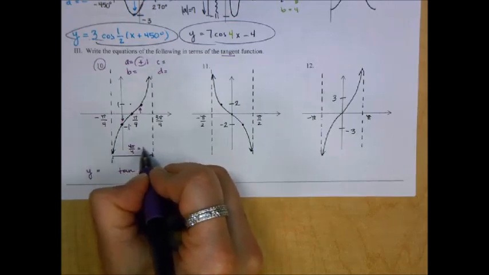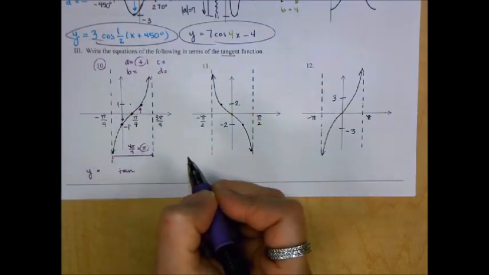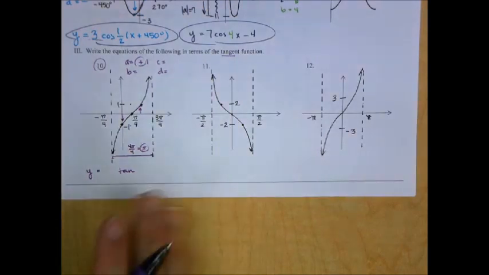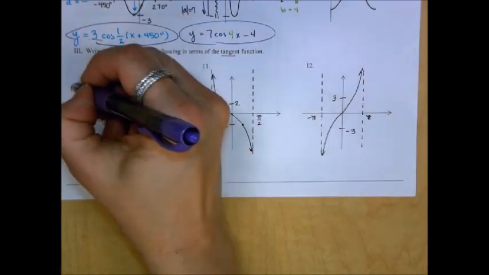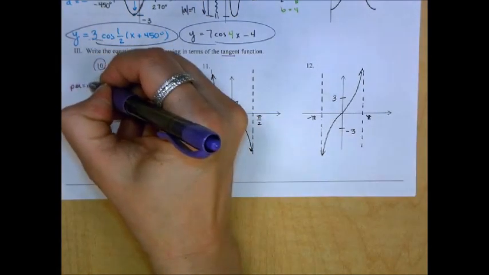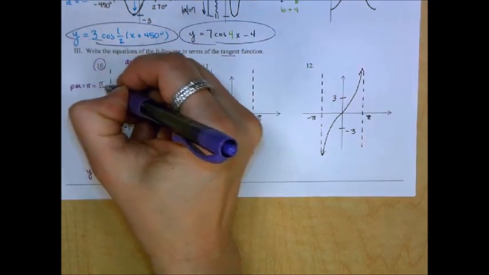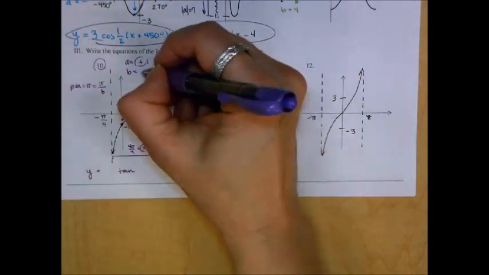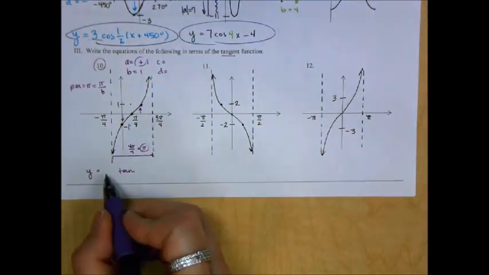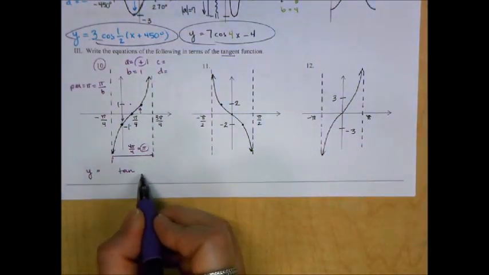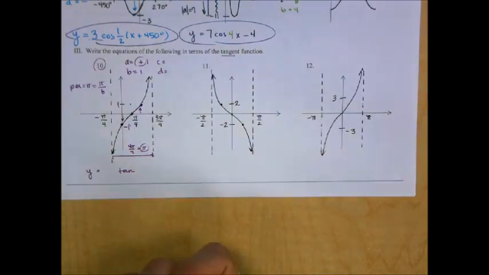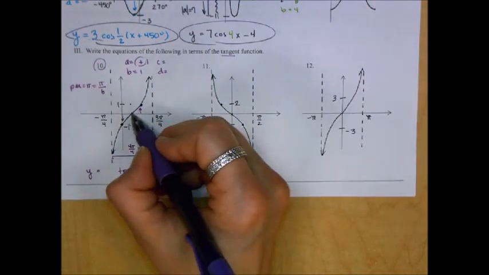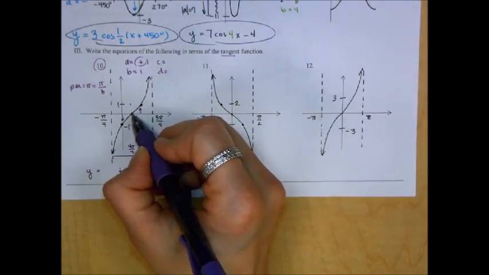Now, the period length for tangent and cotangent is pi over b, not 2 pi over b. And so in this case, b is still 1. So 1 tangent, 1x.